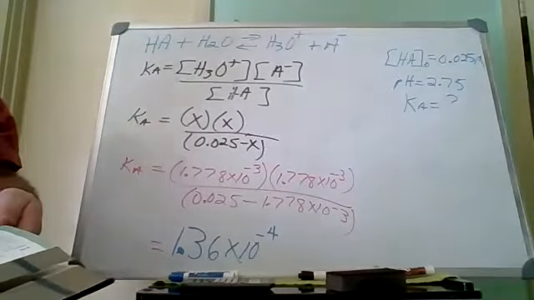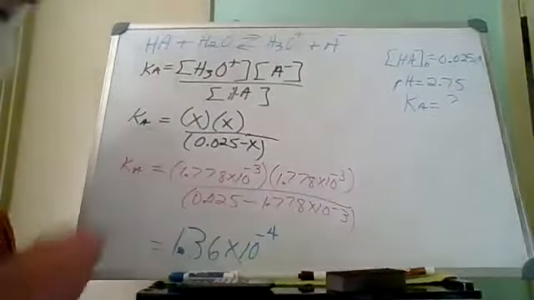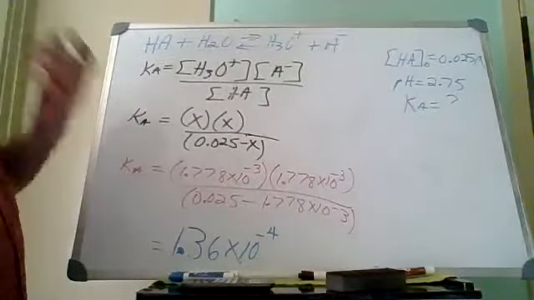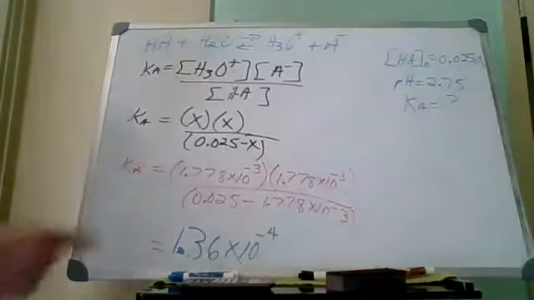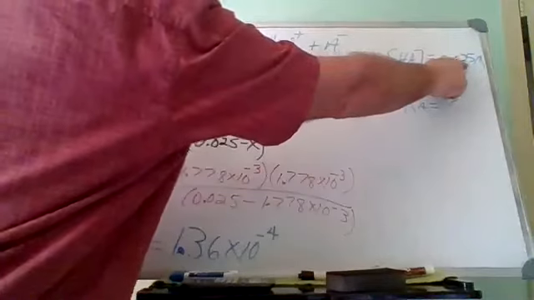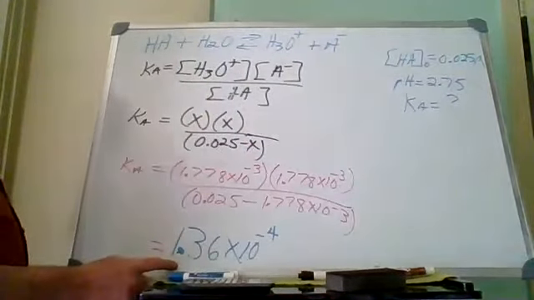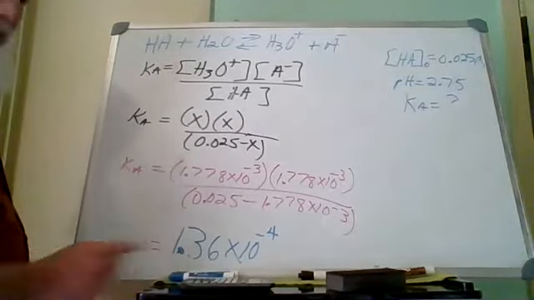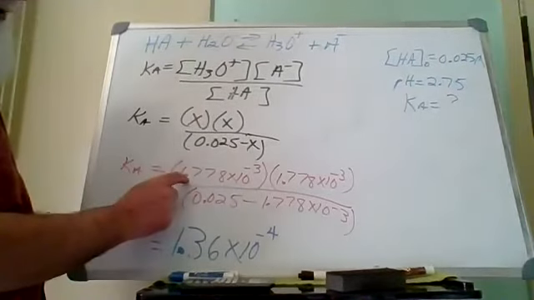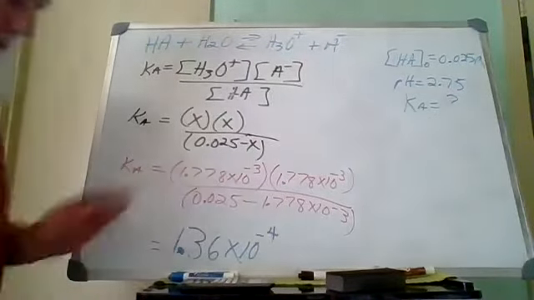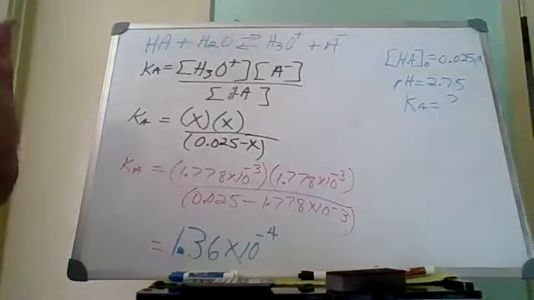In the back of the book, they have 1.4 times 10 to the negative fourth. I did go 1 decimal point too many. I realized that at the beginning, because the initial concentration is only 0.025, so I can only have 2 significant digits, right? So that really should be 1.4, just like here, this should have been 1.8. But that's okay. We still have to calculate the degree of ionization.